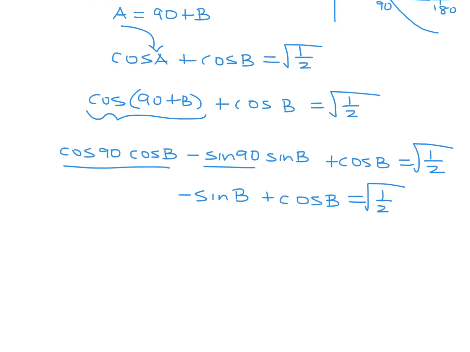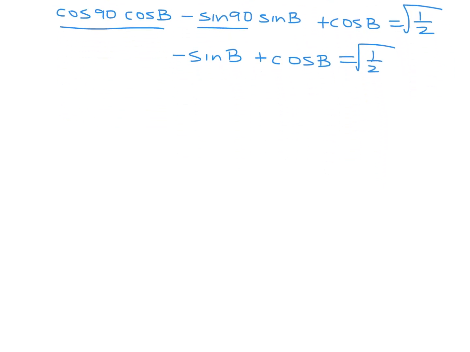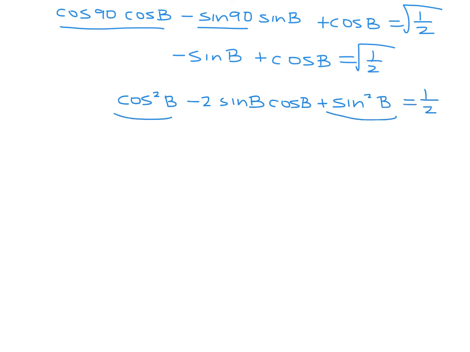Now at this point, what I'm going to do is I'm going to square both sides. And when I square both sides, I will get cos squared B minus 2 sine B cos B plus sine squared B, and that is equal to a half. Cos squared B plus sine squared B is 1.